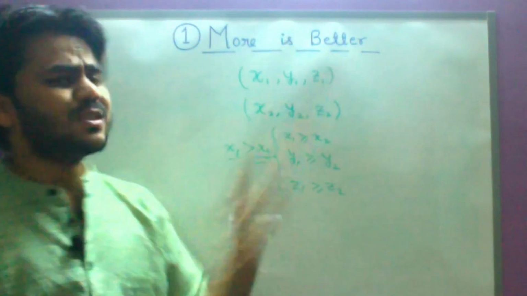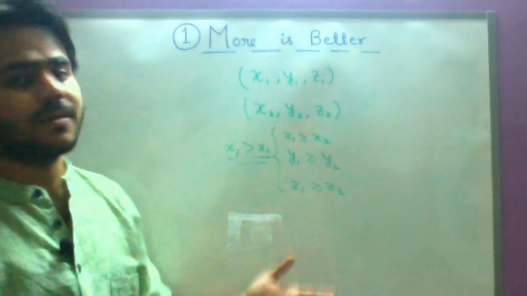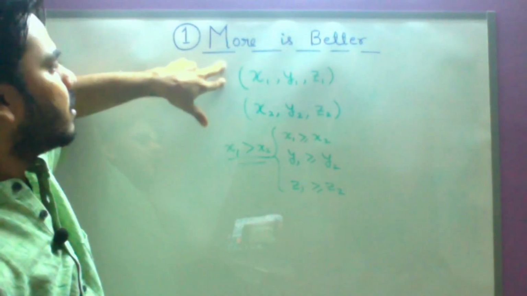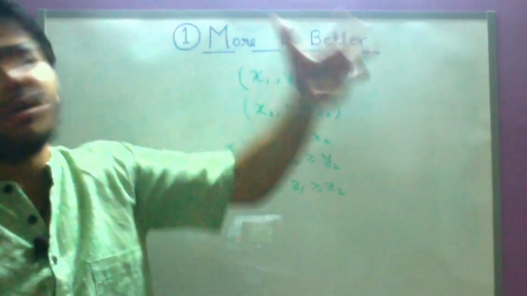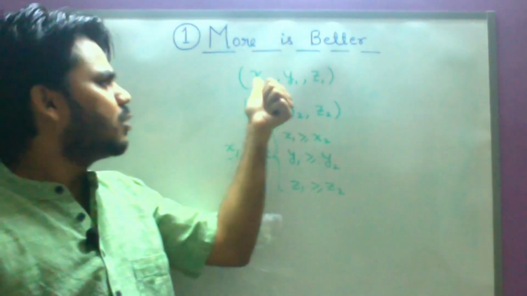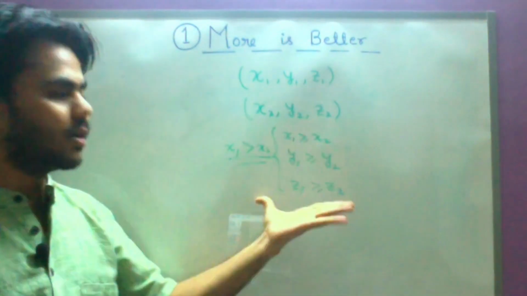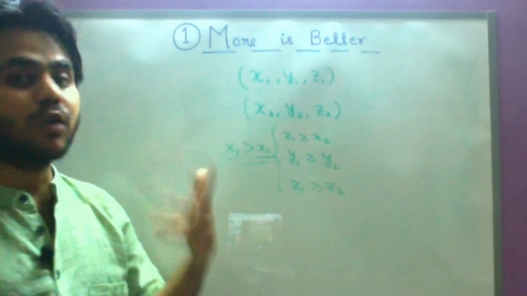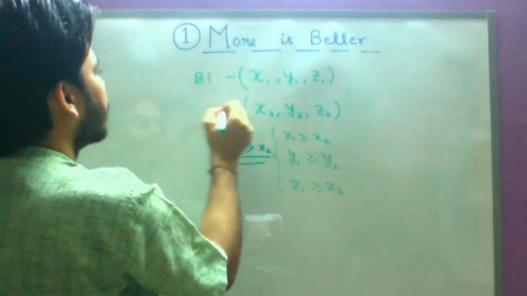Because when I say more is better, I have to make one bundle strictly more than the other. So if I just say that this bundle has all the goods in the same quantity as this bundle, I'm not creating more. To create more, I need to give at least one good in a larger quantity, and that is why this is the description of more. Now if this is the condition of more being better, let's say this is your bundle 1 and this is your bundle 2.